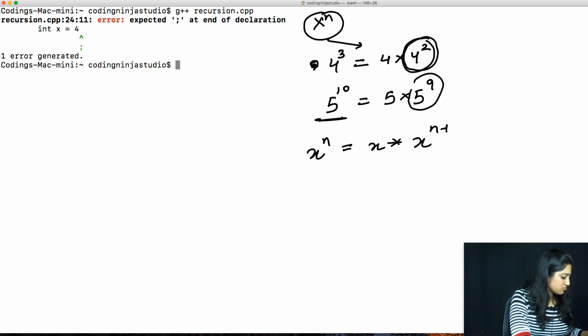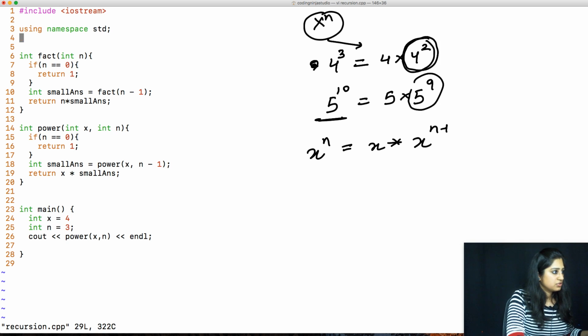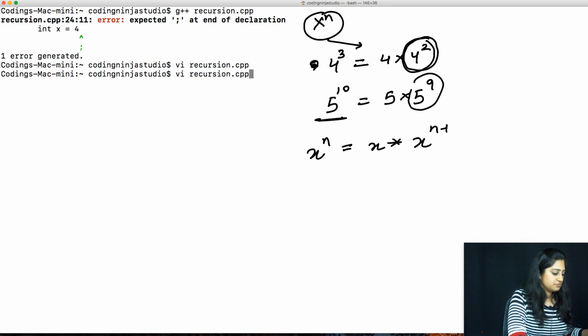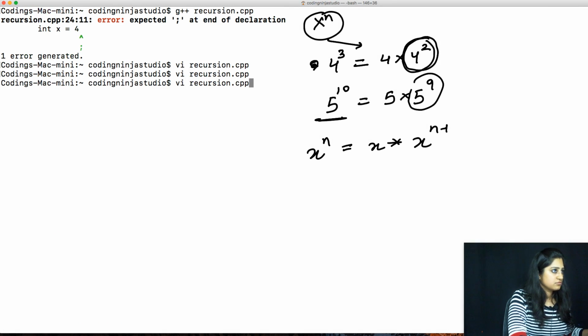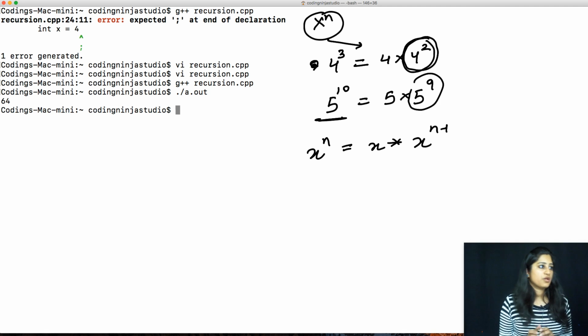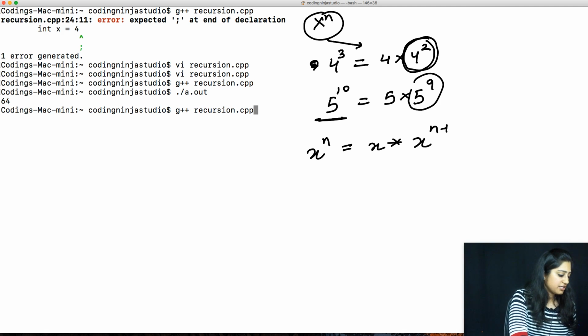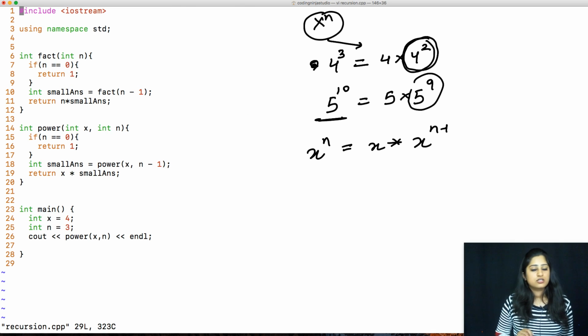Okay, we just missed a semicolon. Let me add it. So I just missed a semicolon at line number 24. Okay, so 4 to the power 3 is 64, which is the correct answer, which means our code is working well.